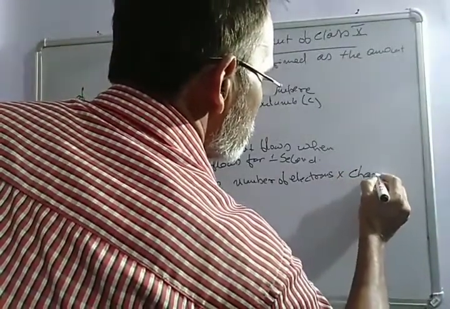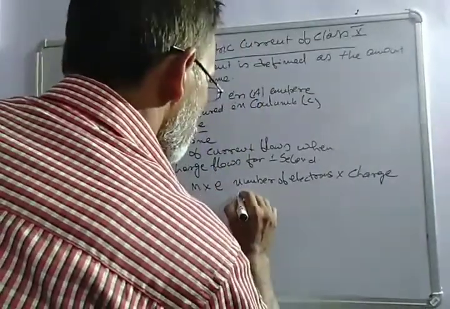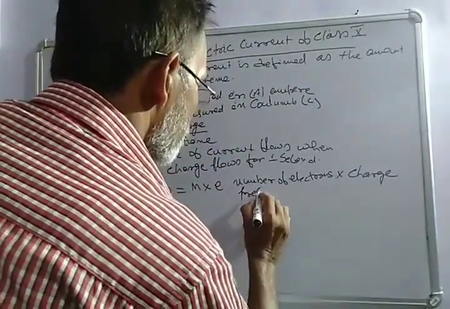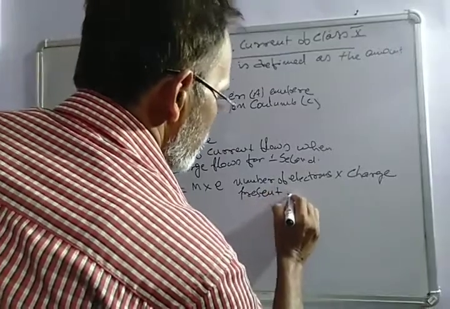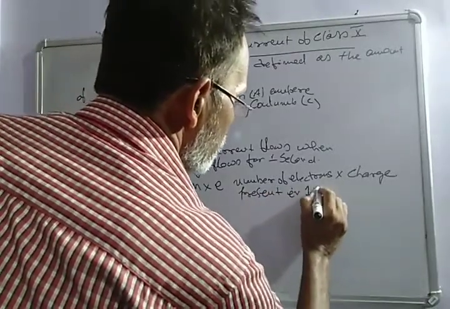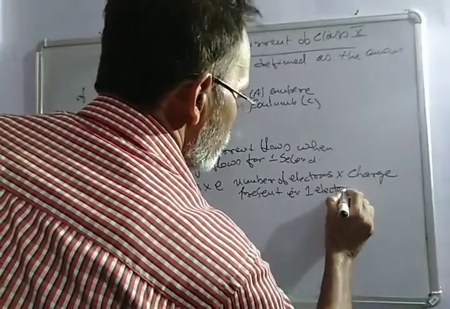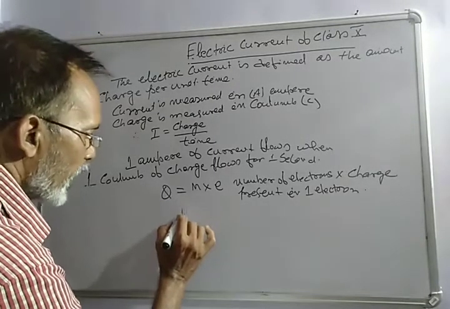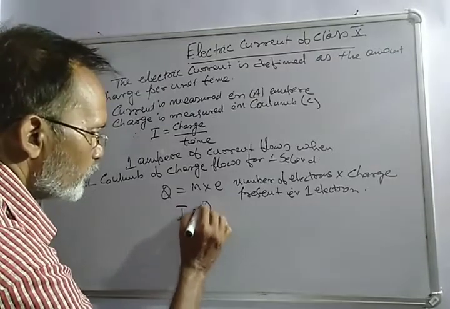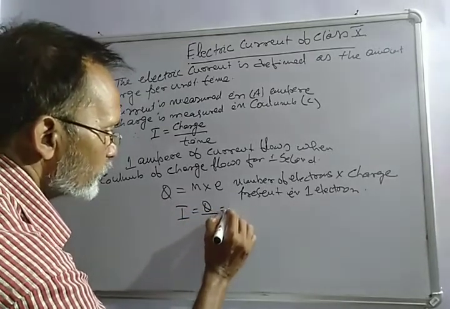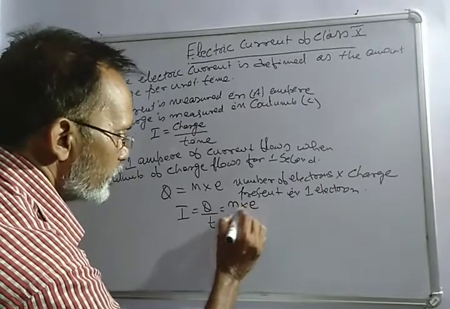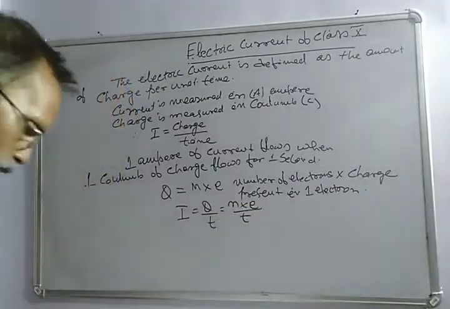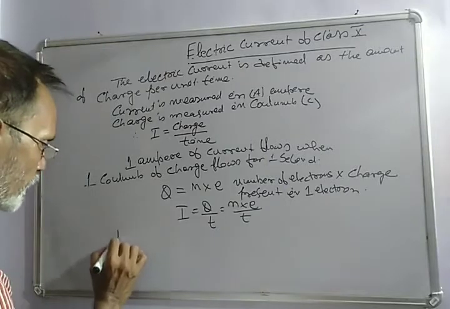Current I is equal to Q by T. So this is equal to N into E by T.